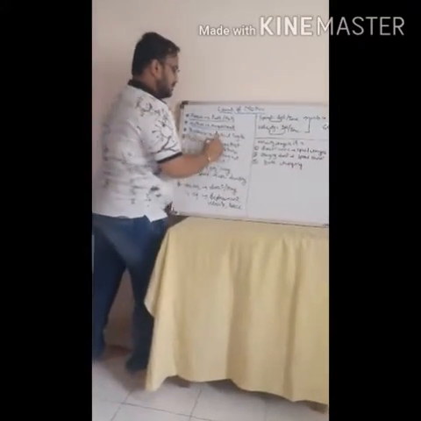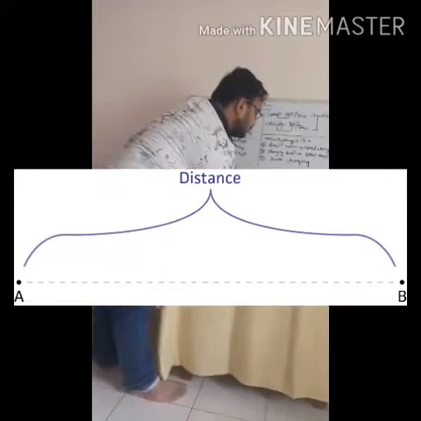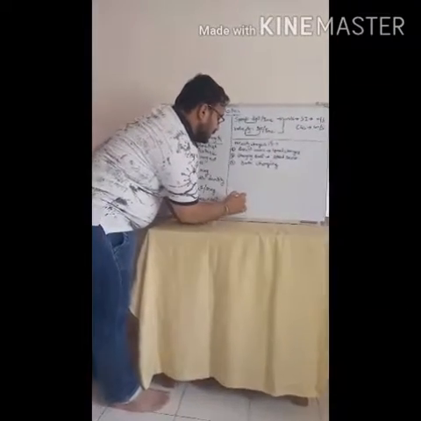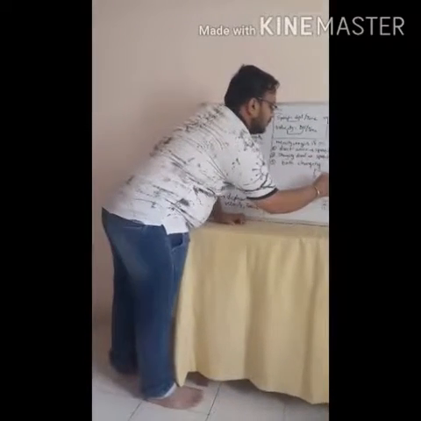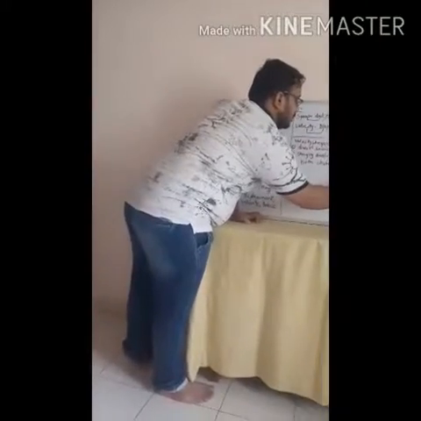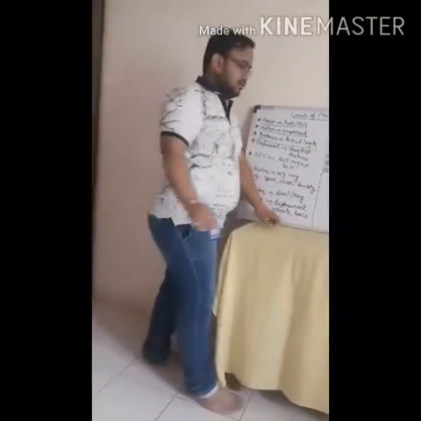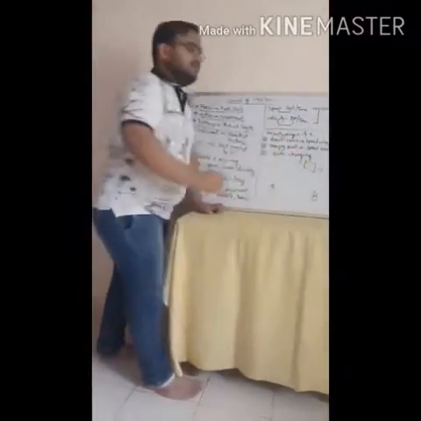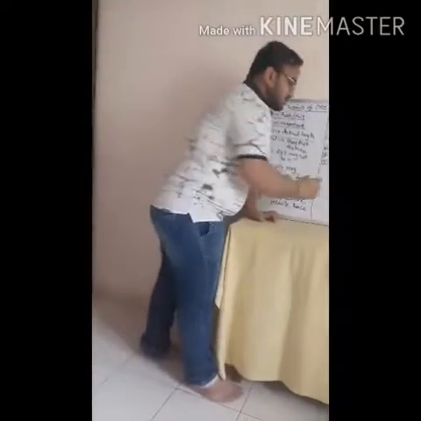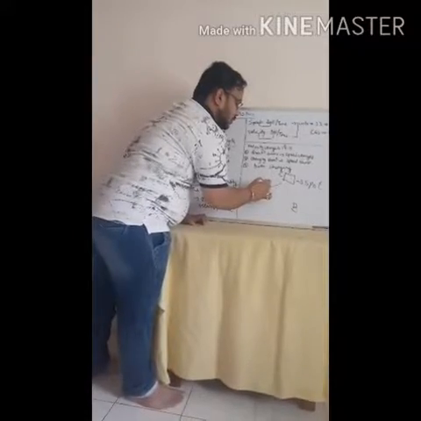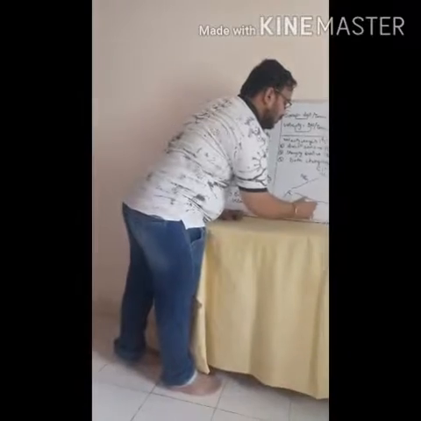Next is distance. It is actual length. Suppose we'll take an example. This is A, this is B, and this is some spot. A and B want to reach the spot. Let's give it spot C. Here it is, suppose, 10 kilometer. A to B distance is 7 kilometer.